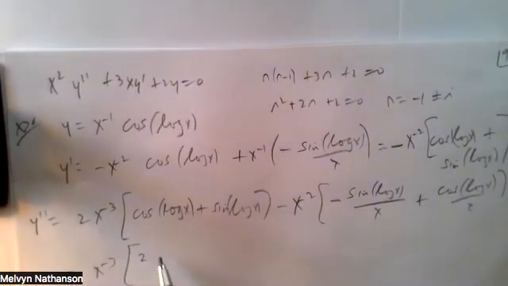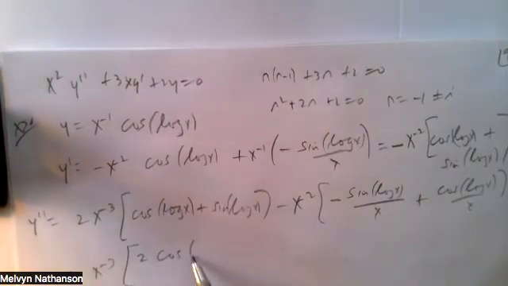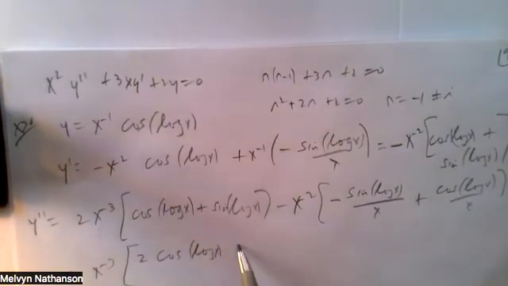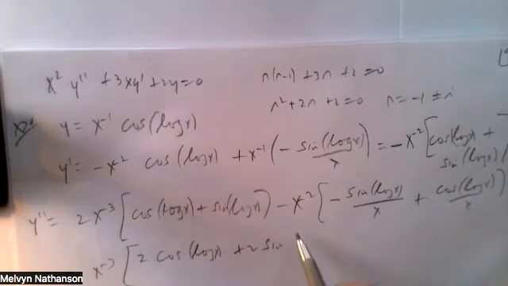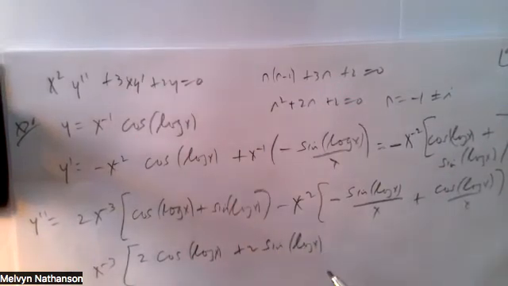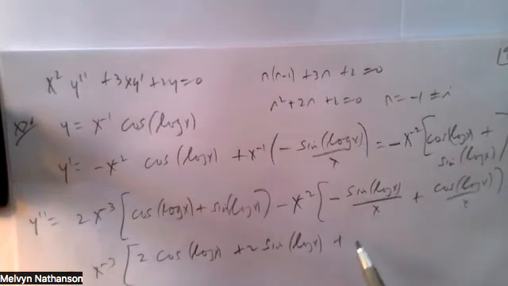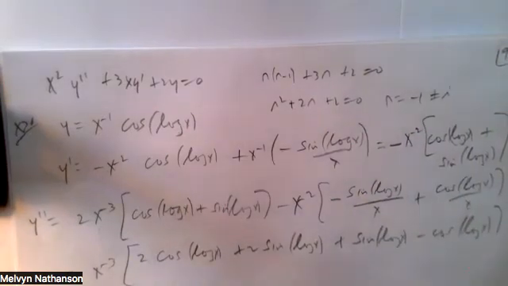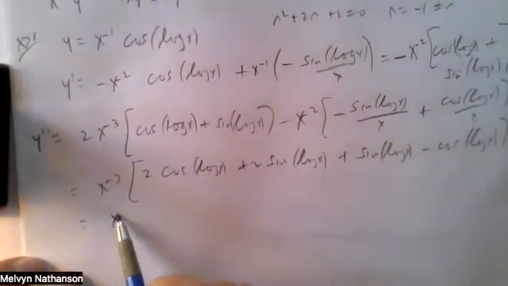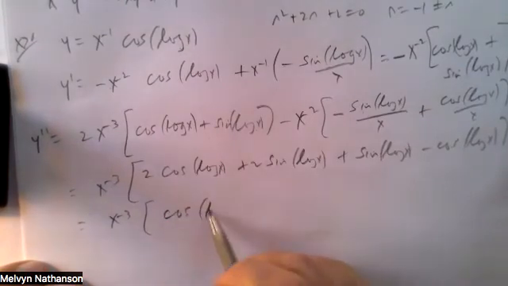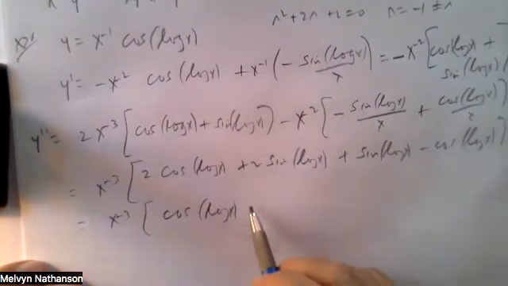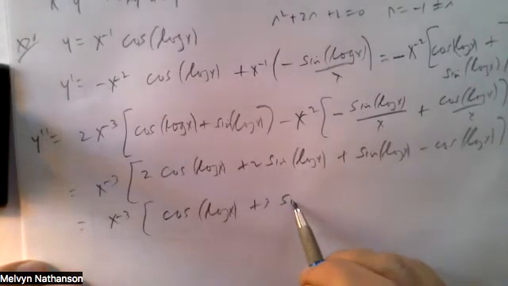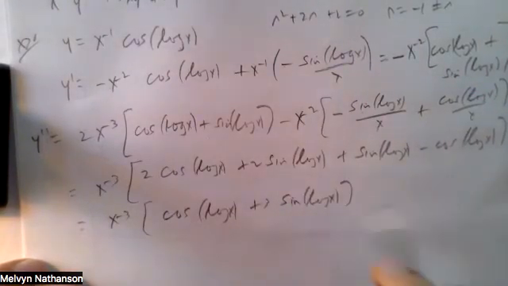I have 2 cosine of log x plus 2 sine of log x plus sine of log x minus cosine of log x. So this is x to the minus 3 times: 2 minus 1 is 1 times the cosine of log x, 2 plus 1 is 3, plus 3 times the sine of log x.